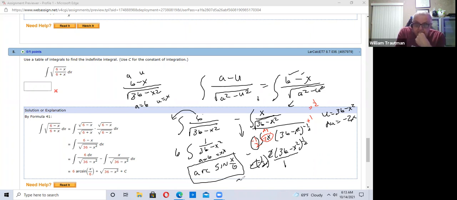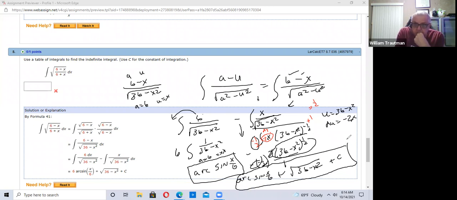So our answer ends up being arc sine of x over 6 plus this right here, which is just the square root of 36 minus x squared, plus c. And that's what we end up with.